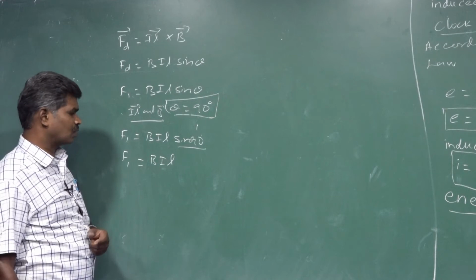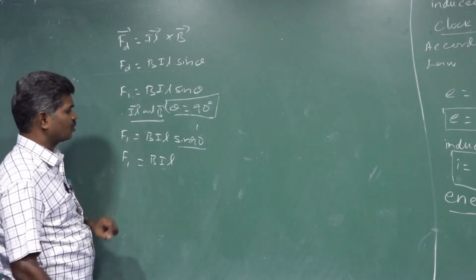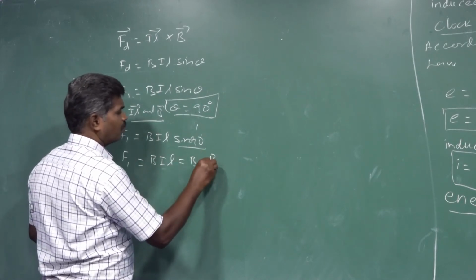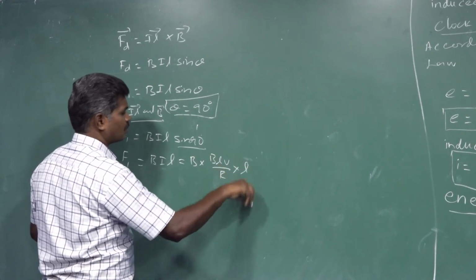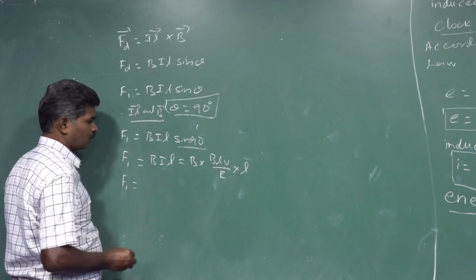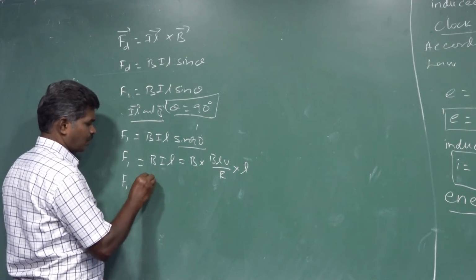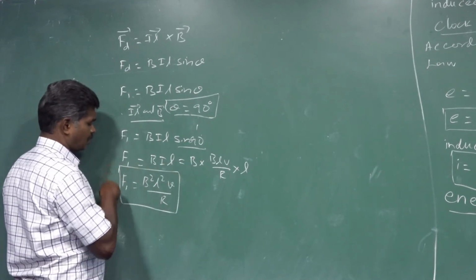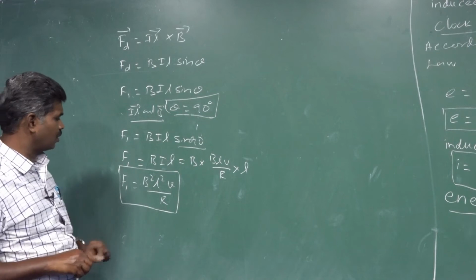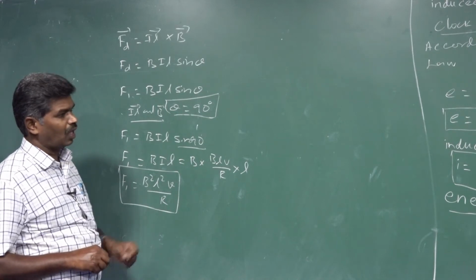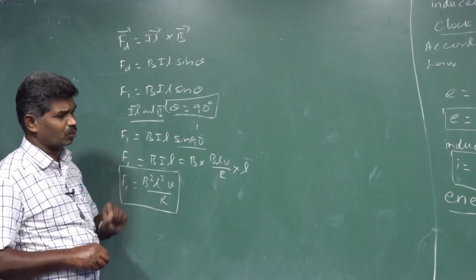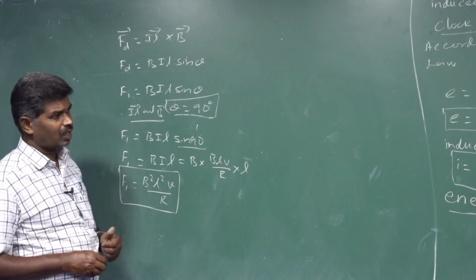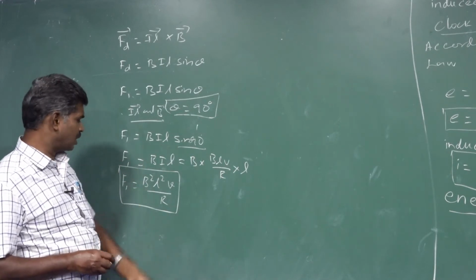The induced current we already calculated, and we substitute it in our equation: B into the induced current, BLV by R, into L. So finally F1 is equal to B square L square V by R. This is the magnitude of the magnetic Lorentz force acting towards the left, but the loop is moving with a constant velocity, so our applied force also has the same value.